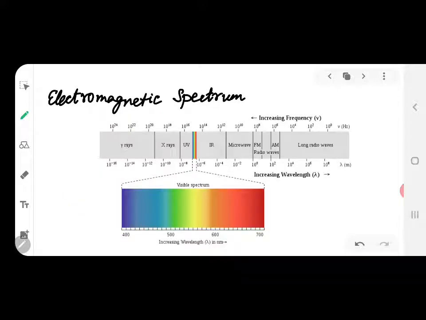Truly speaking, light is a form of energy which can travel through vacuum as well as different transparent media in the form of electromagnetic waves having extremely short wavelengths within the range 400 nanometer to 700 nanometer.